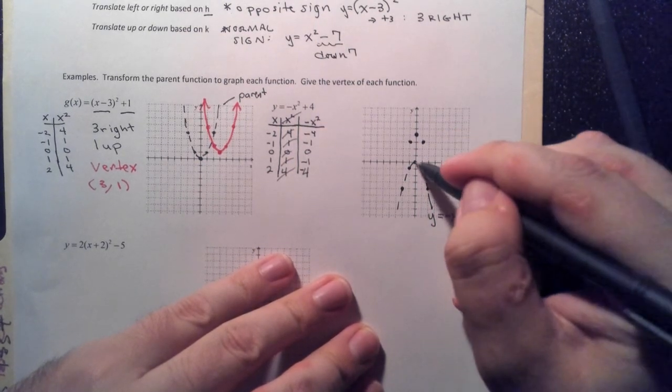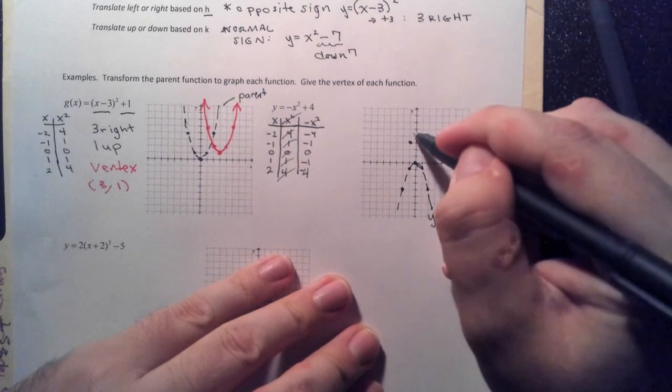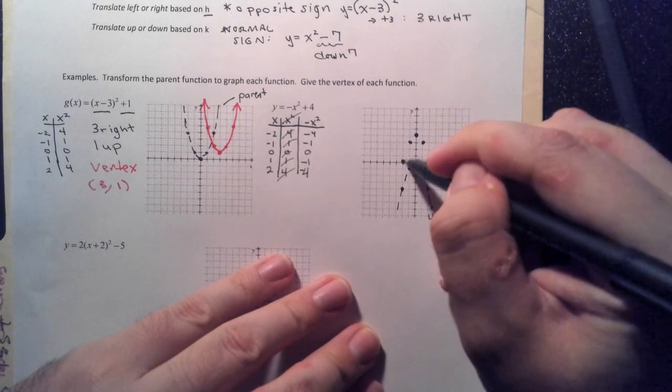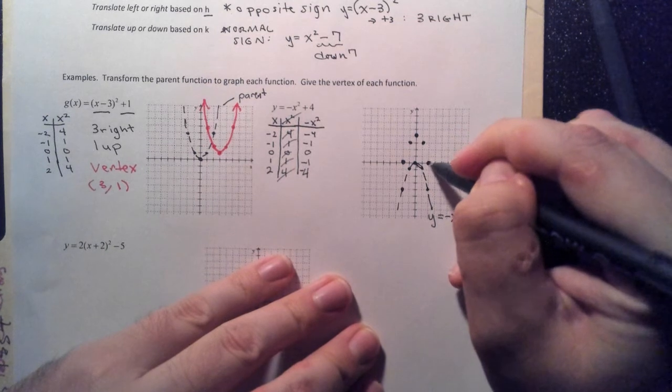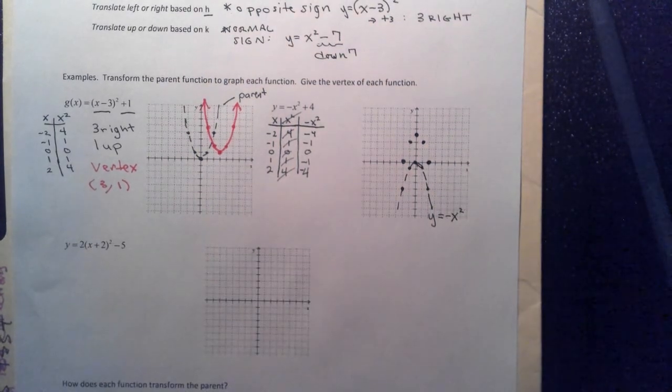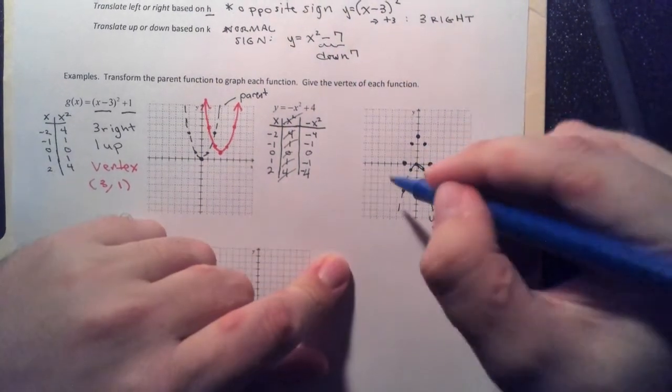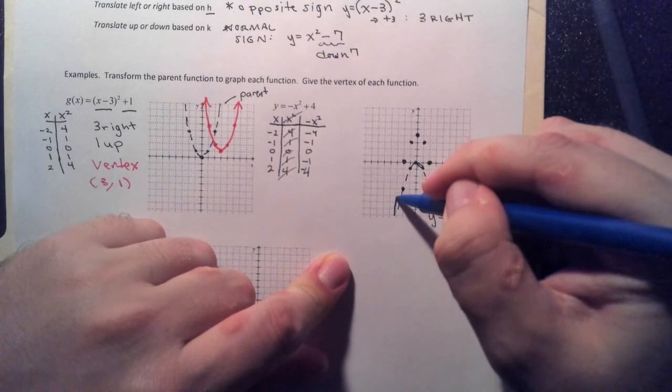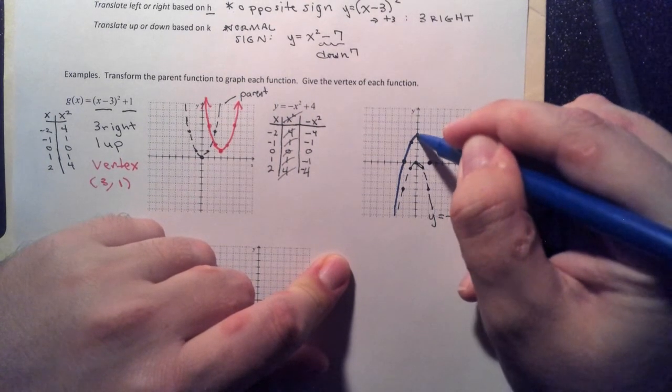Where I previously went out 2 to either side of the vertex and went down 4, I'll still do that. And I could get more points if I wanted to. But just a general idea of what I'm doing here.